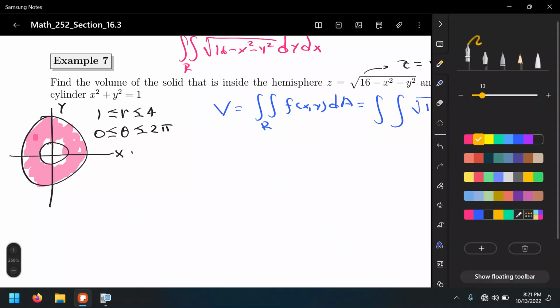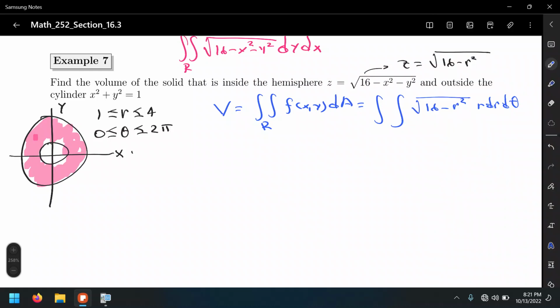Oh, before setting up the du, let's look at the limits of integration. So r, for the innermost integral, which is over the radius, varies between 1 and 4. And the angle for the outermost integral varies between 0 and 2 pi.